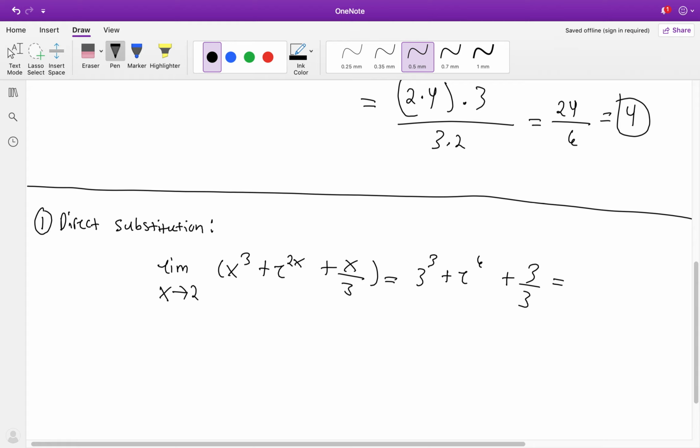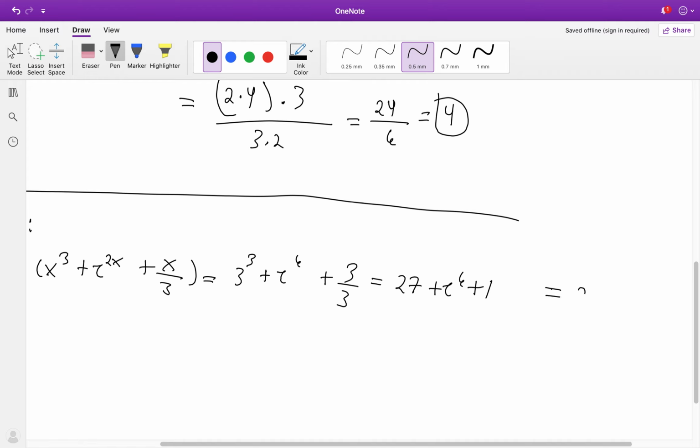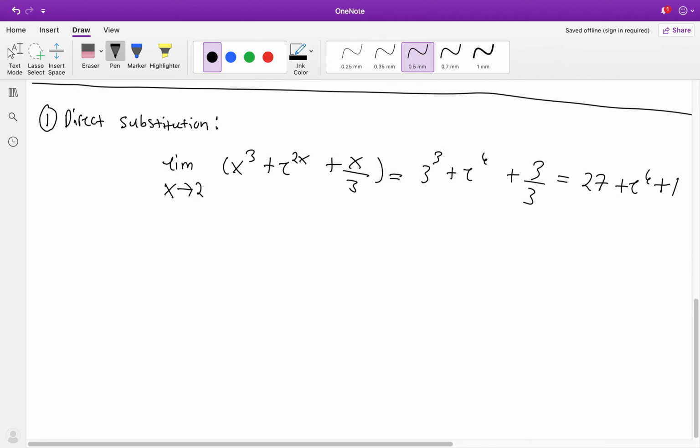This simplifies to a constant. I get 27 plus e to the 6 plus 1. So my final answer will end up being 28 plus e to the 6th. That's an example where you can apply direct substitution. And if you get a constant, then that method will work.